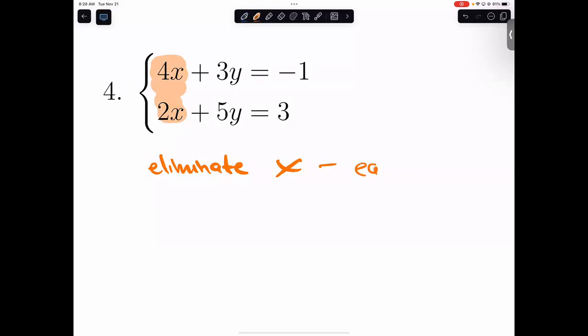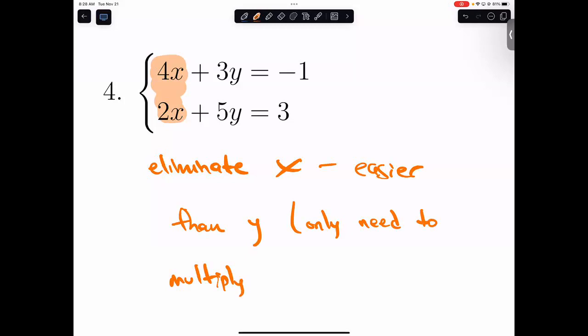So eliminating x is going to be easier than getting rid of y, because we only need to change one. Because the coefficients are 4 and 2, so I can get 2 up to 4 and make them match that way.